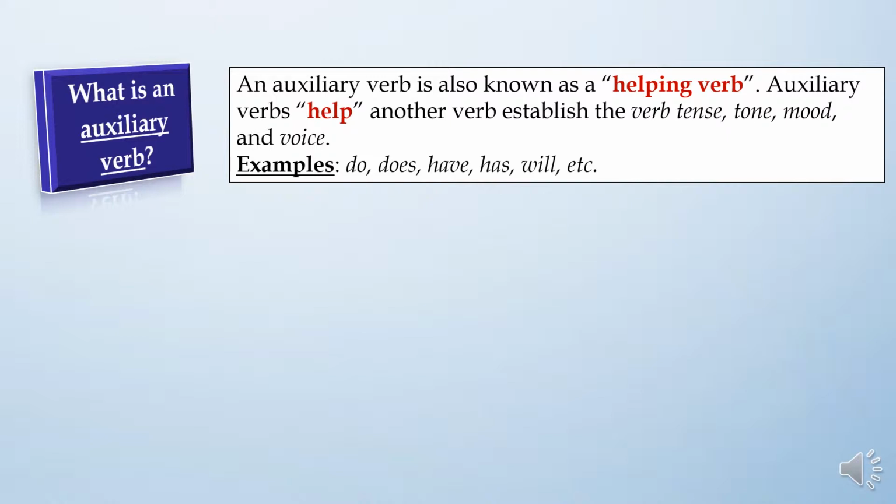So we have examples here: the word do, the word does, have, has, will, etc. But it's important to remember that these verbs help establish the verb tense, the tone, the mood, and the voice.